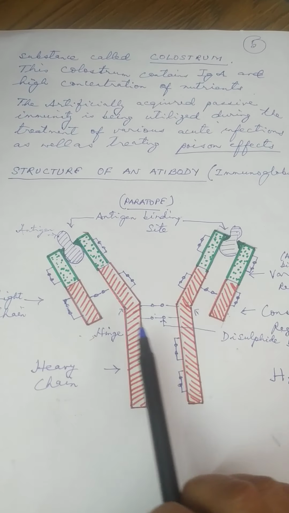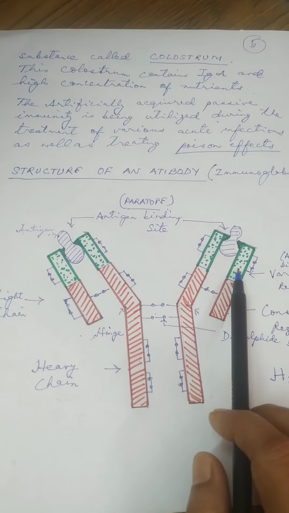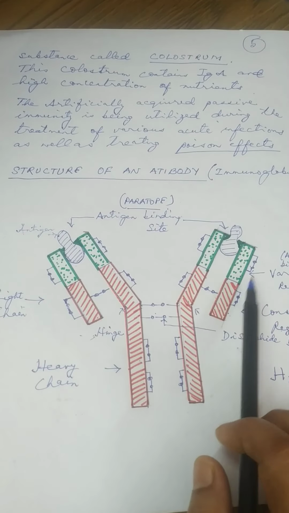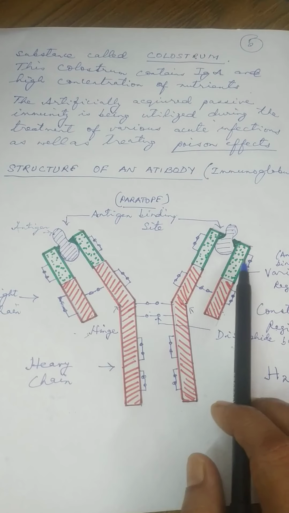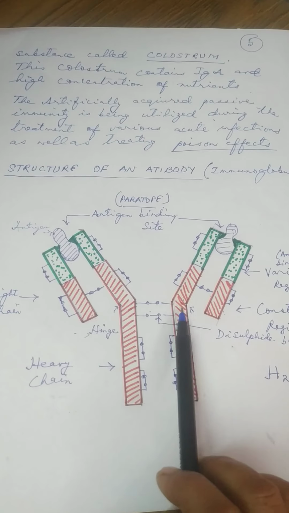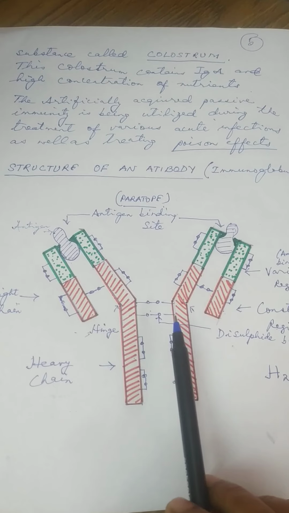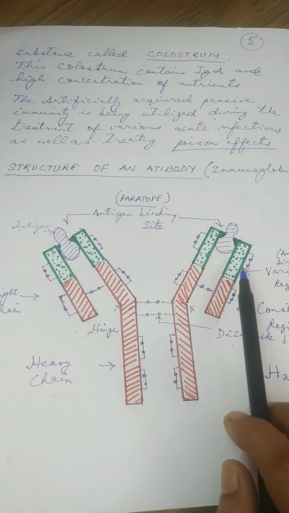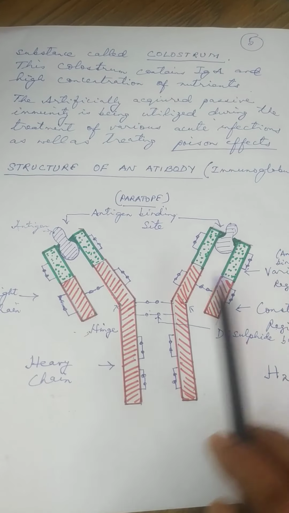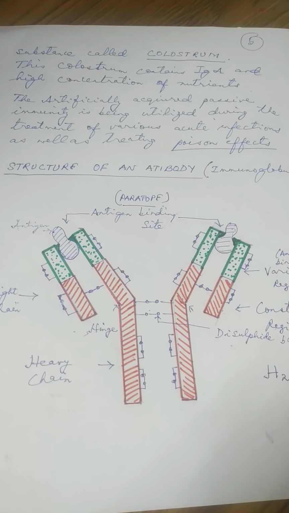So for all the antibodies, the variable region contains amino acids in which the sequence will be different, whereas in the constant regions, the amino acid sequence will be the same. The variable region constitutes the antigen binding fragment, whereas the constant region constitutes the crystalline fragment.